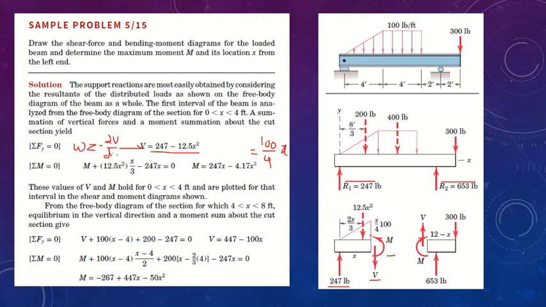It will turn out to be 100 by 8 x squared, which is equal to this figure right here. On the other side, if you take the integral of dV from V0 to V, the value of V0 is R1 in the opposite direction. So what you will get is this final form of the equation right here. So we have found the value of shear force.